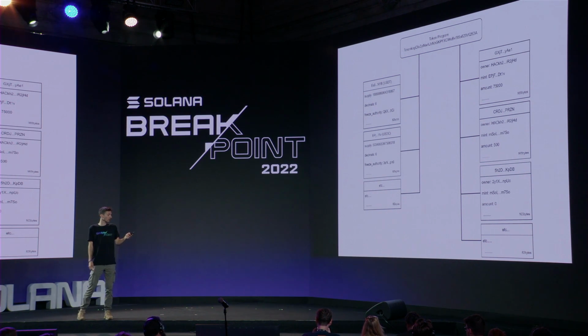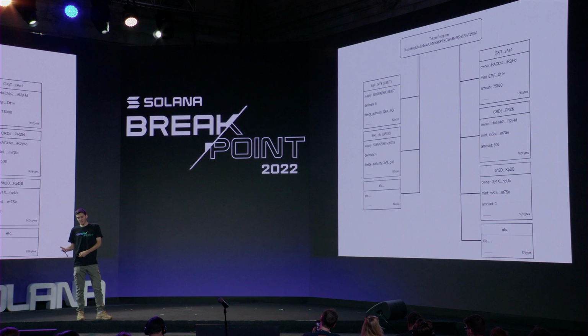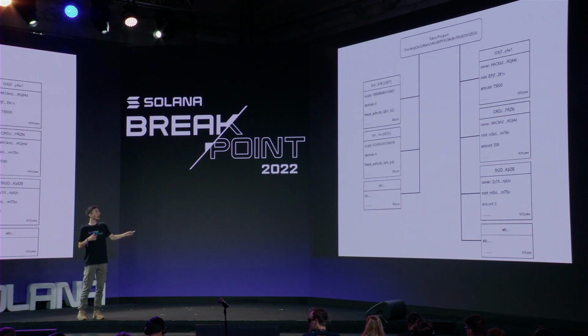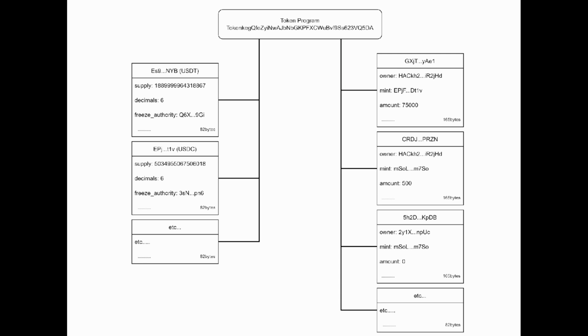So let's say you want to fetch all the token accounts belonging to this owner. One thing you'd like to do is, OK, please, may I have all the token accounts of 165 bytes, and with the field owner set to this public key.